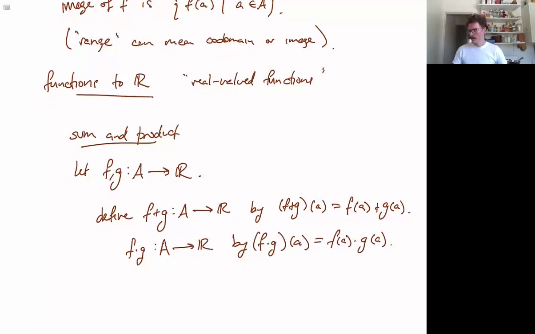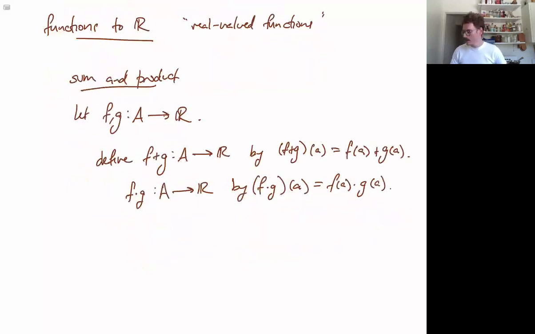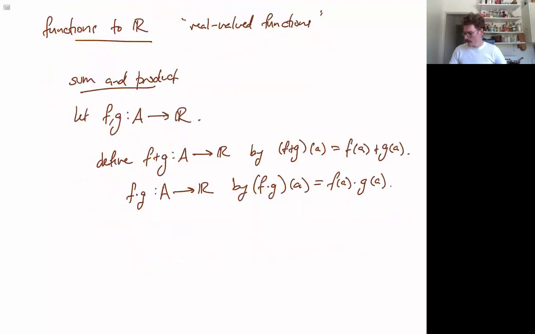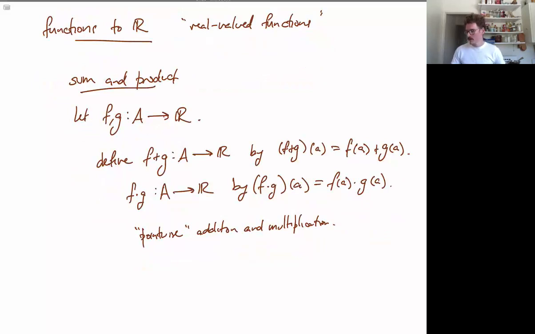So again, we're just doing this multiplication in R. And you will hear this called pointwise addition and multiplication. Basically because we are adding the values at each point. So we're adding them pointwise.